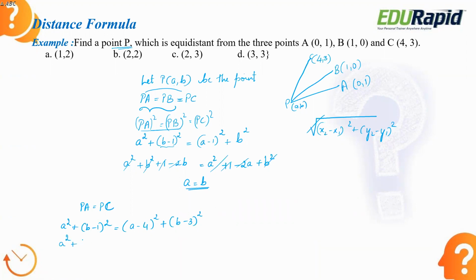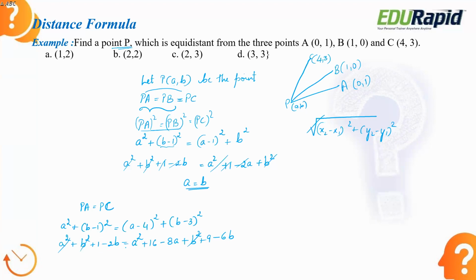Yes, on this side, I'll get the same terms. So it will be minus 2b. And here, a square plus 16 minus 2 4s are 8a plus b square plus 9 minus 2 3s are 6b. Now try to cancel out the terms which are common on both the sides. That's it.